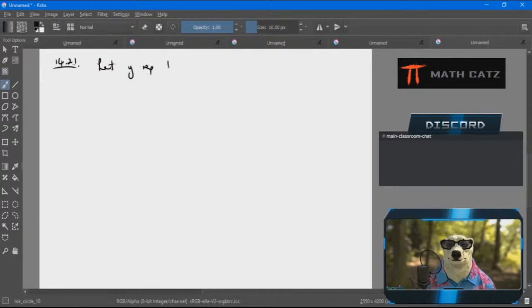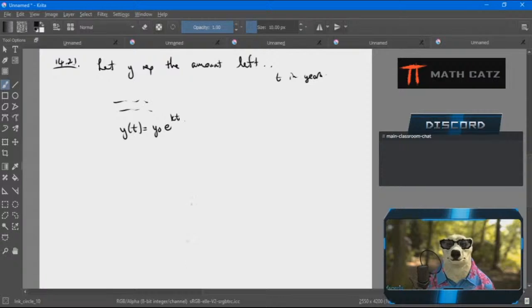Y is still going to represent the amount of carbon-14 left, and so on. T is in years, just like before. So we're going to get the same equation, same function, some initial amount, e to the kt.